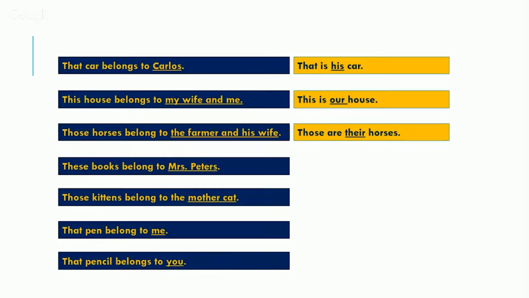These books belong to Mrs. Peters. So estos son sus libros, o los libros de ella, pero estos son sus libros. How would you write that? So let me see that answer. I want to see that answer. Estos son sus libros.